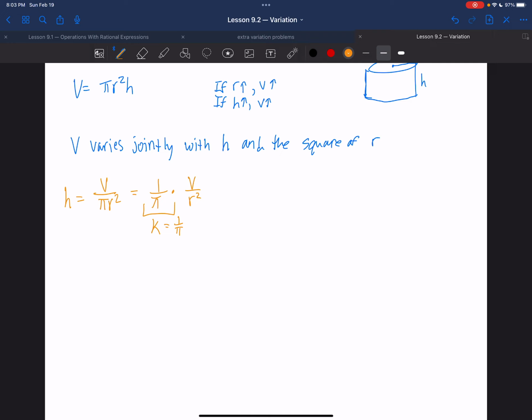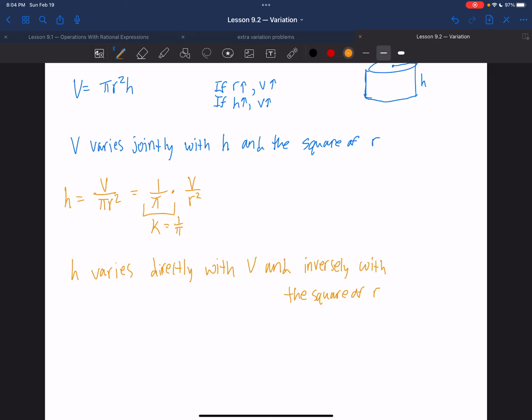Anyway, for a verbal description, we would say that h varies directly with the volume, v, and inversely, because it's in the denominator, with the square of r. And done.